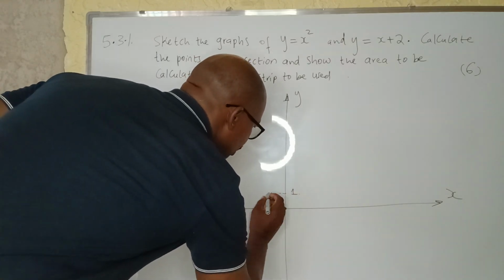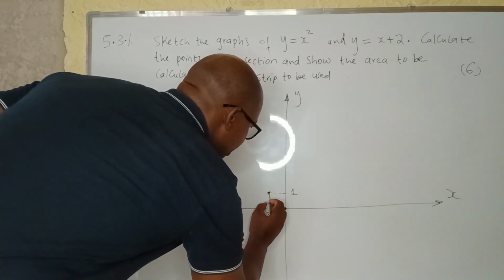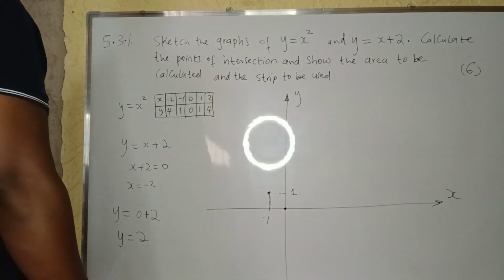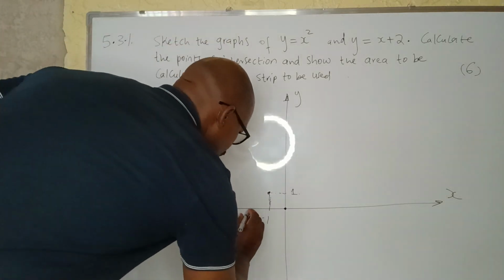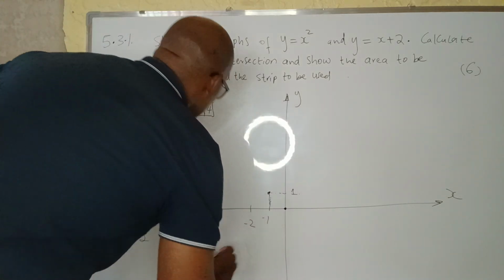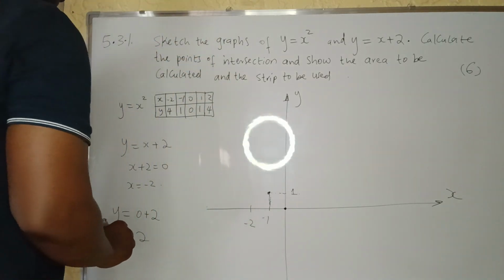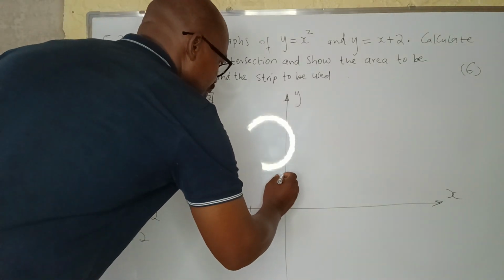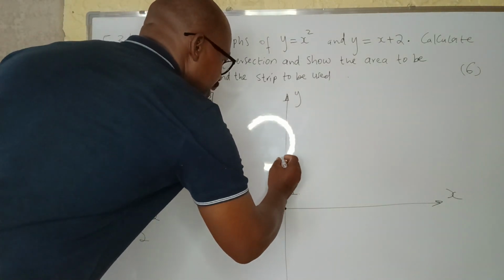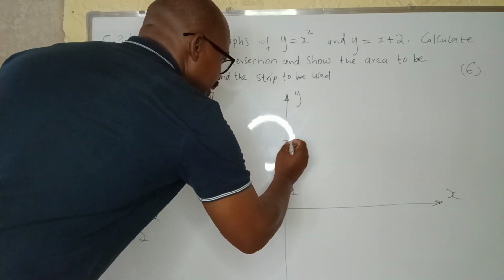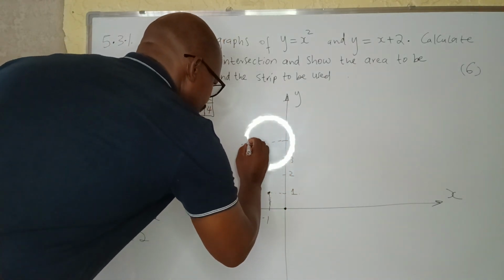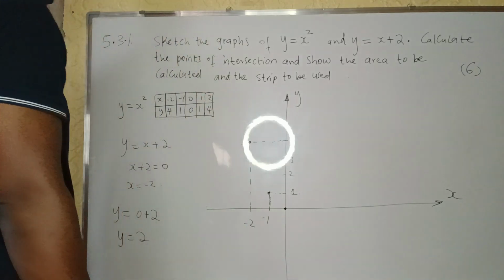There is a point there, okay? With this graph, when x is minus 2, I have the value of y, which is positive 4. So I will be having 2 here, 3, and there is 4. So as it comes, I have a point there.